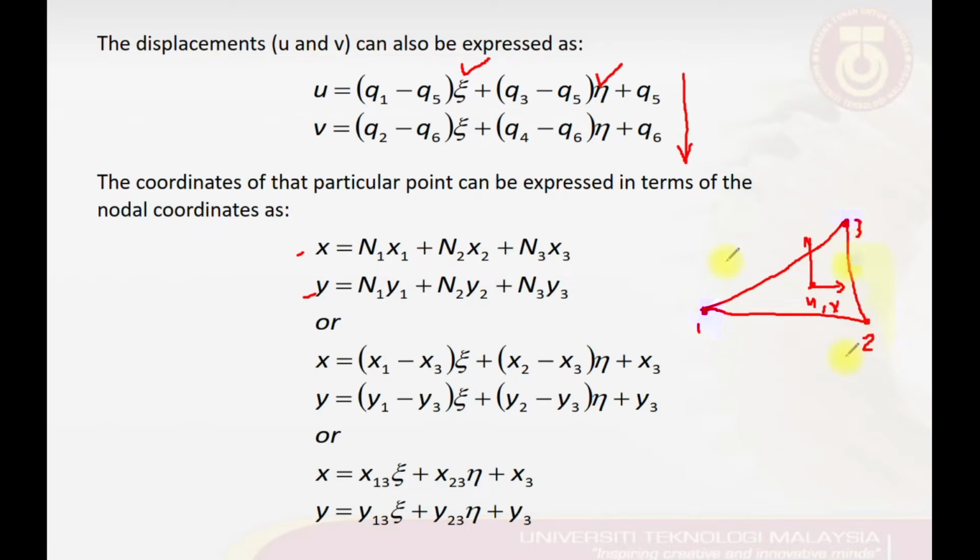So if we substitute this coordinate system into the field displacement equation, as shown in this slide here, then we simplify this equation, then we are likely to have two equations with two unknowns, which are z and eta, as shown at the bottom of this slide.